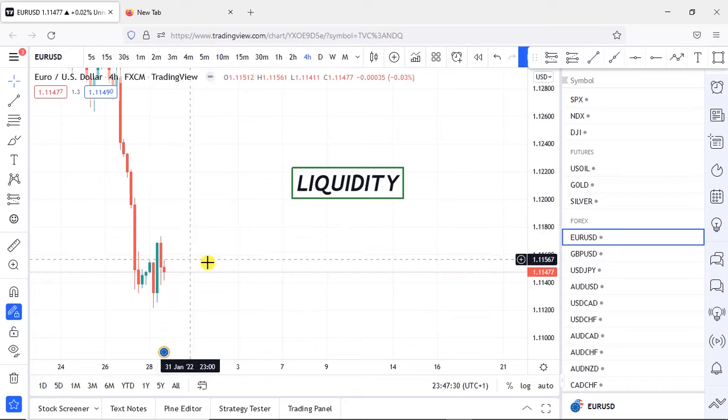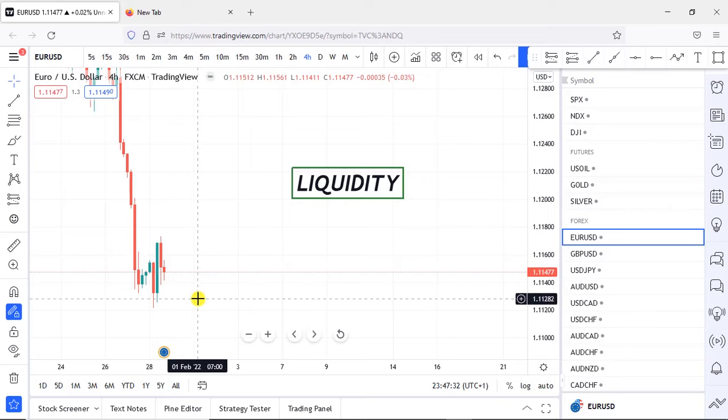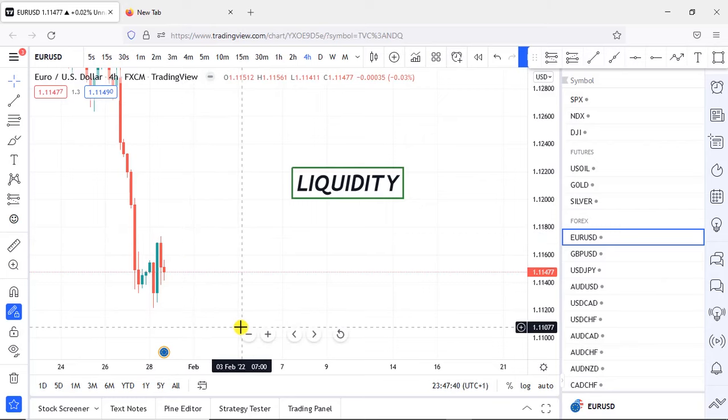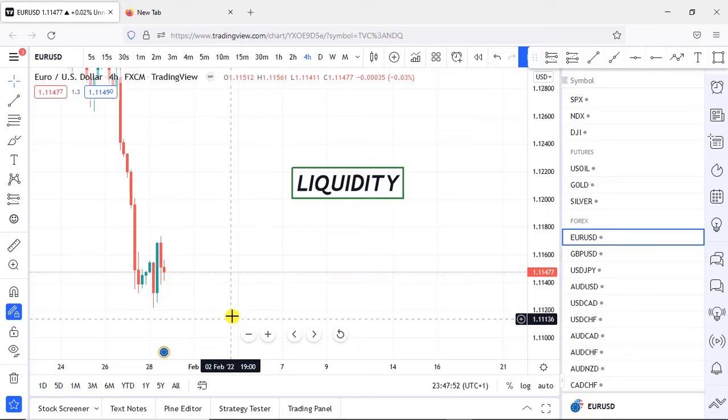Now look at this example. Let's say I did my analysis and I see that this market is going up. Let me buy this stock, for instance. But at that same time, another trader is doing his own analysis and saying that this stock or this currency will drop, so let me sell. Now that I entered the buy, and the trade really went in my direction, I made money.